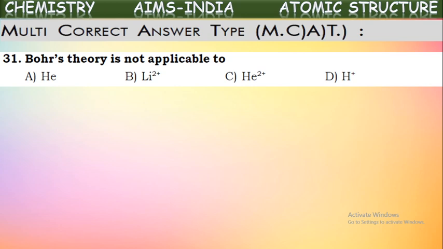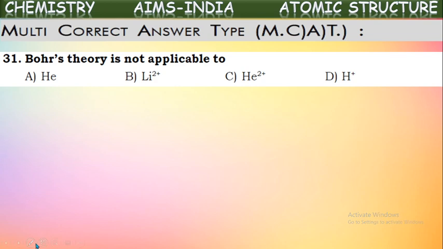Li+2 also contains a single electron. Like this, for atoms or ions which have a single electron, only for those Bohr's theory is applicable. For atoms or ions having more than one electron, Bohr's theory is not applicable. Now see here, for those having either more or less than one electron, Bohr's theory is not applicable.